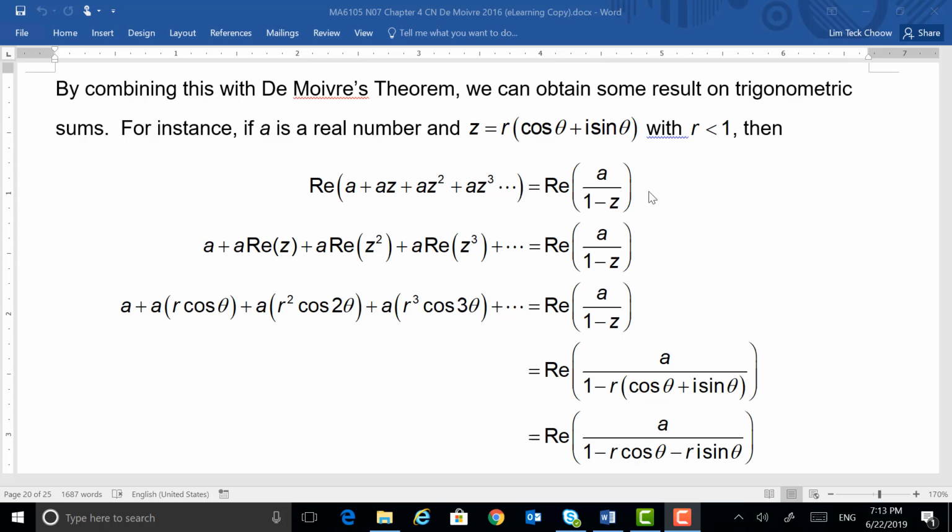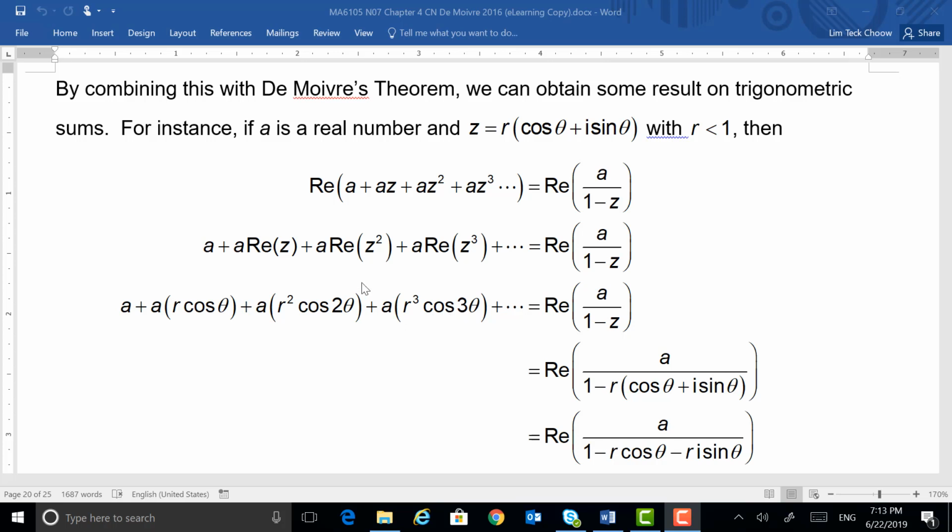With the result we have proven above, that this infinite series turns out to be this nice formula, if we now find the real part of this, equated to the real part of the left-hand side, the left-hand side, using De Moivre's theorem, will turn out to be an infinite series involving all the cosines.